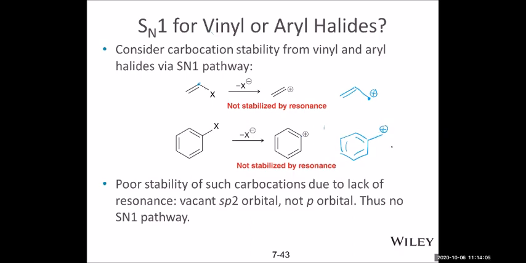These two are stabilized, and therefore they are preferred in the SN1 reaction, not the vinyl or the aryl. So in our sampling assignment, we actually haven't seen that many allyl or benzyl in the SN1 reaction, but we just need to know.